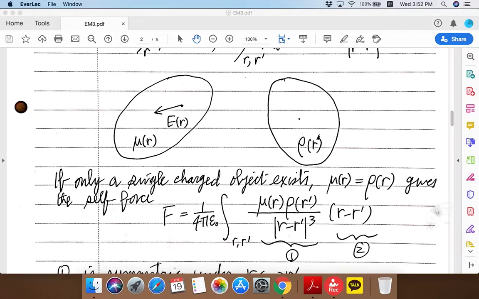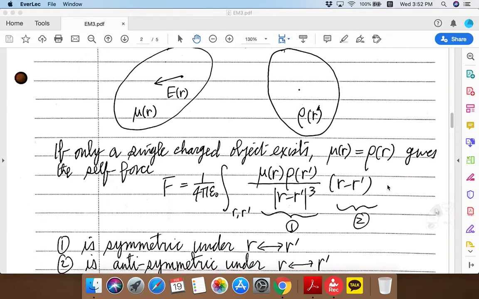However, if there were only one charge object, then by necessity this second charge distribution has to equal the first charge distribution, and therefore this force law reduces to, actually this is a typo, I should have written rho of r multiplied by rho of r prime divided by the distance cubed multiplied by the displacement vector r minus r prime.